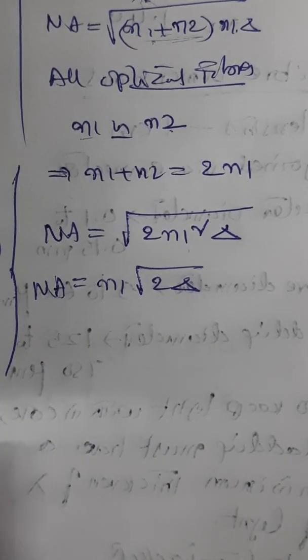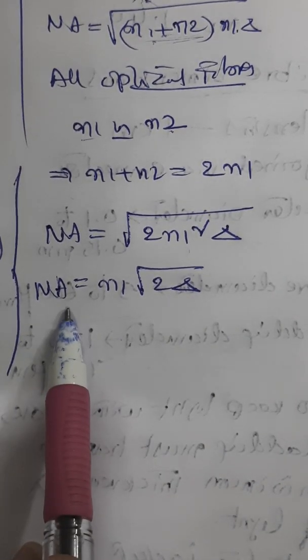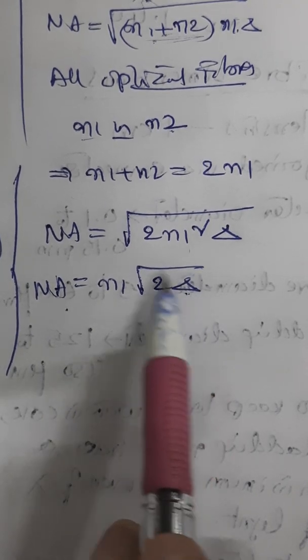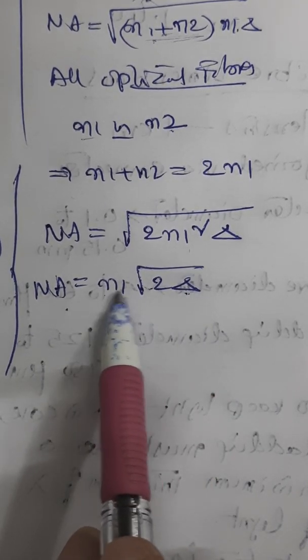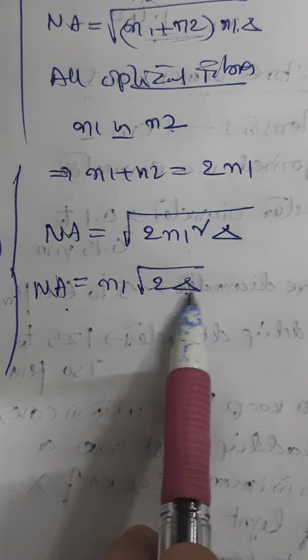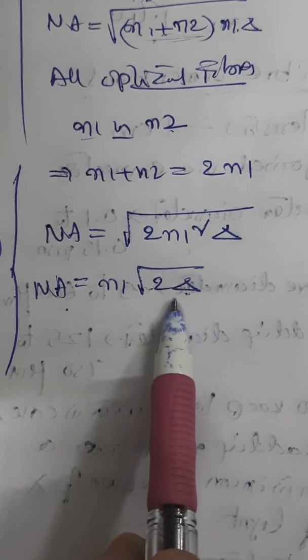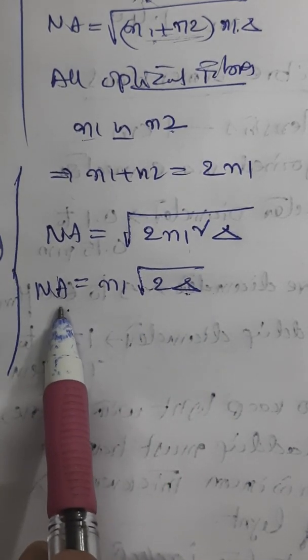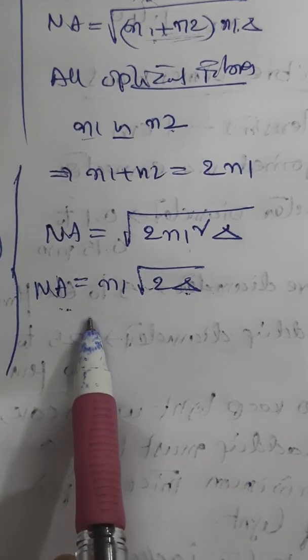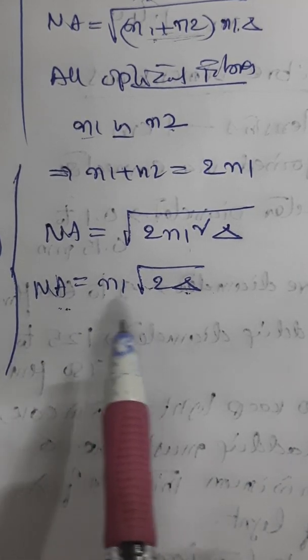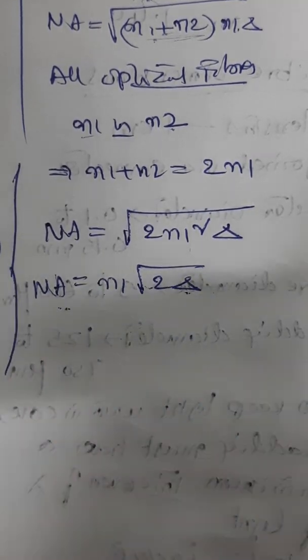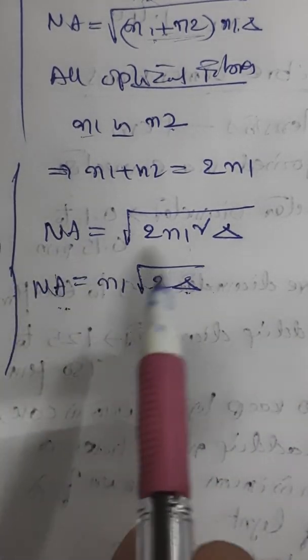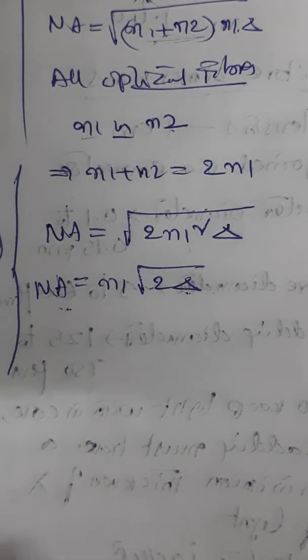This numerical aperture NA can be increased by increasing the delta value. This is constant, this you cannot change. So by increasing the delta value, NA can be increased, and thus you can enhance the light gathering capacity of the optical fiber. This is about numerical aperture.